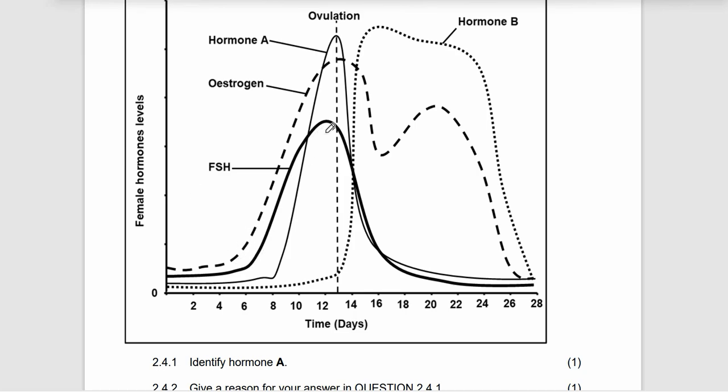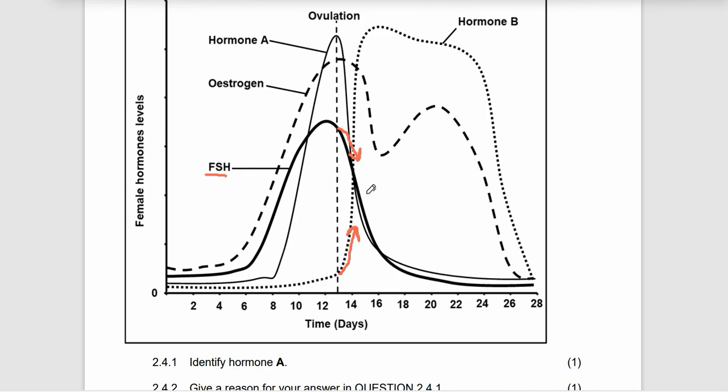You can see that just after the ovulation day, there is no Graafian follicle secreting the FSH now. We have the corpus luteum, which is responsible for secreting hormone B, the progesterone, and you can see that progesterone now kicks in, meaning that it rises. However, the FSH decreases. This is called the negative feedback between FSH and hormone B.